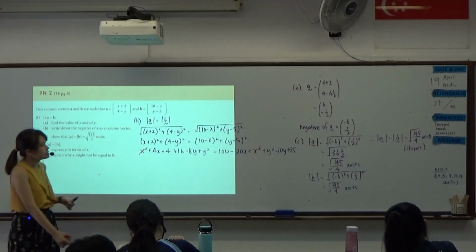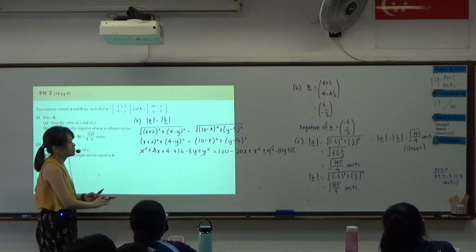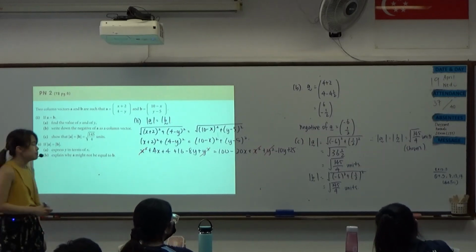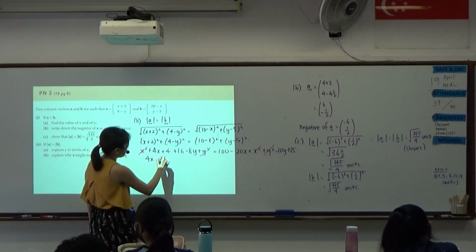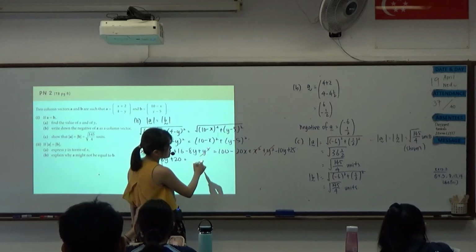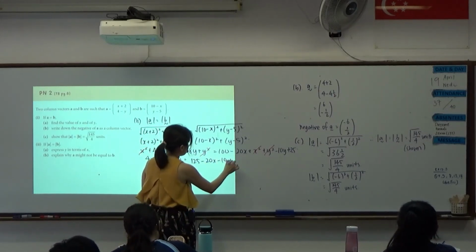Likewise, our y squared could also be cancelled out. Then we can simplify to get 4x minus 8y plus 20 equals 125 minus 20x minus 10y.